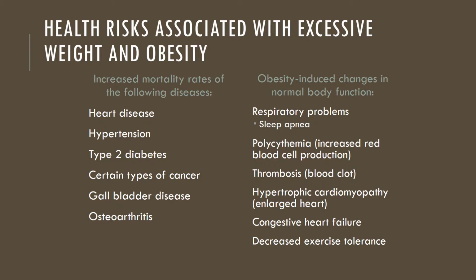But thick blood, if you think of it like syrup almost, really thick blood can't flow very well, and so that actually causes problems with the heart. You're more likely to develop blood clots. Organs can become enlarged. This is especially a problem if it's your heart. You can develop congestive heart failure, and decreased exercise tolerance, which of course then, if you're not exercising, makes things worse.